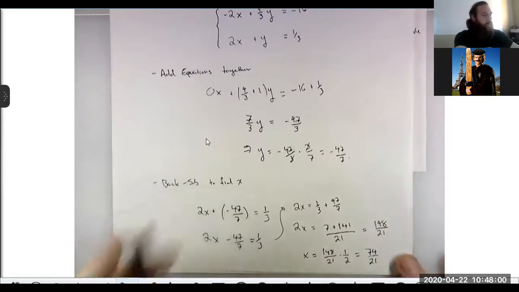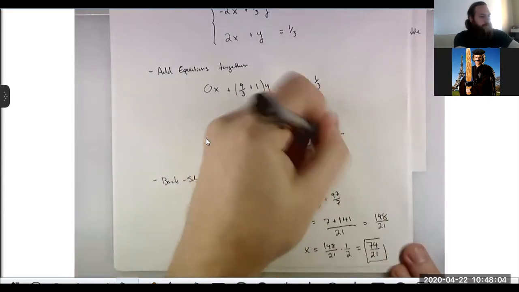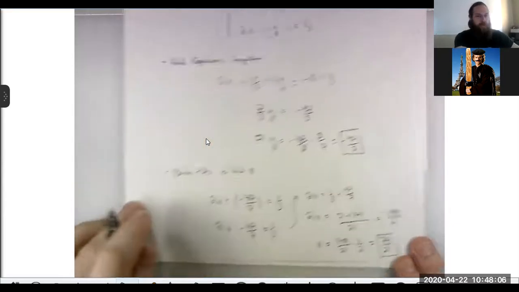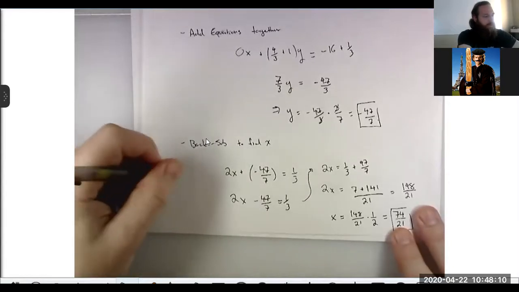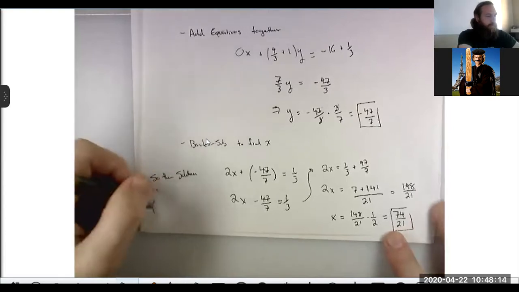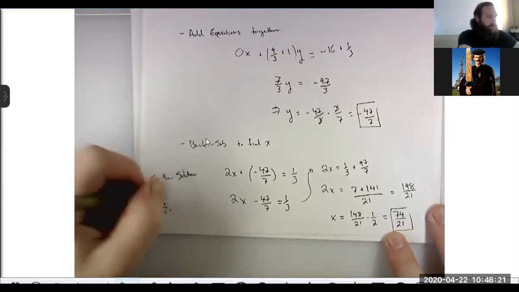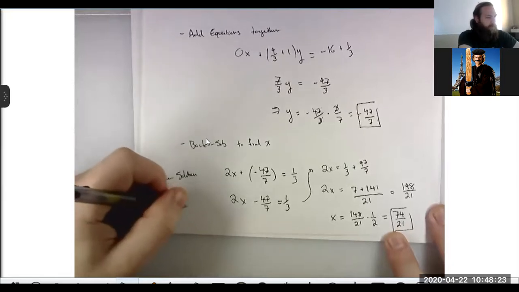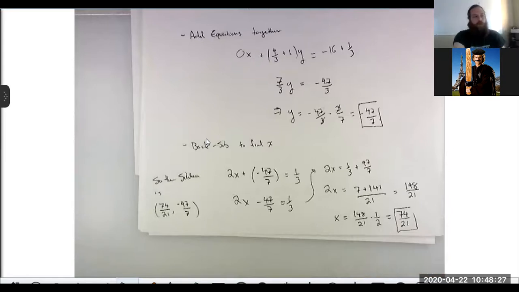So finally, our solution is this, comma, this. So the solution is the ordered pair 74 over 21, comma, negative 47 over 7. And this is about as hairy as these problems ever get.